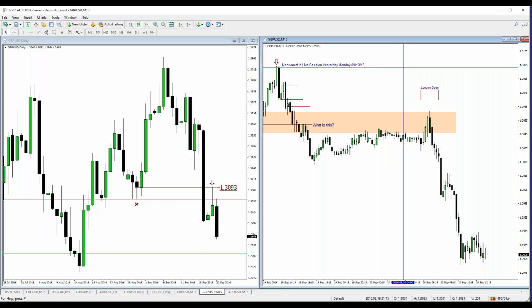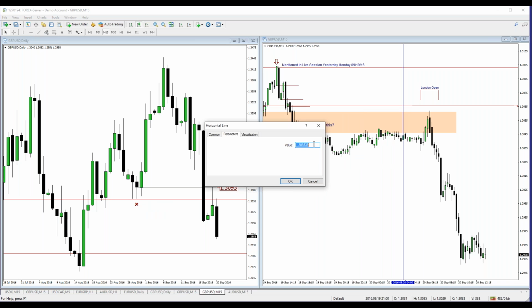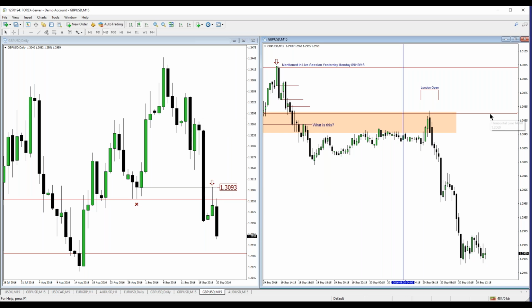So over here we take that same level 130.60 and we transpose it to our lower 15-minute time frame chart. Just right-click on the chart on a line, calibrate it to your level that you want to look at. Now you have your level on your lower time frame chart.